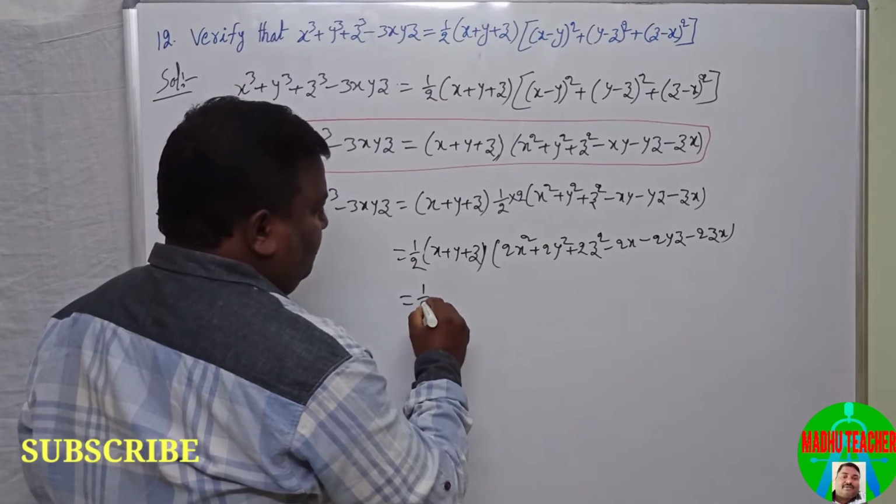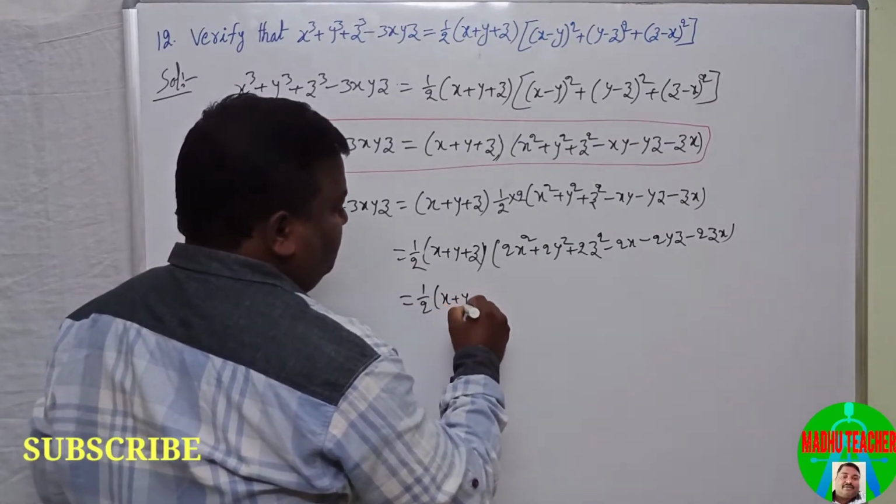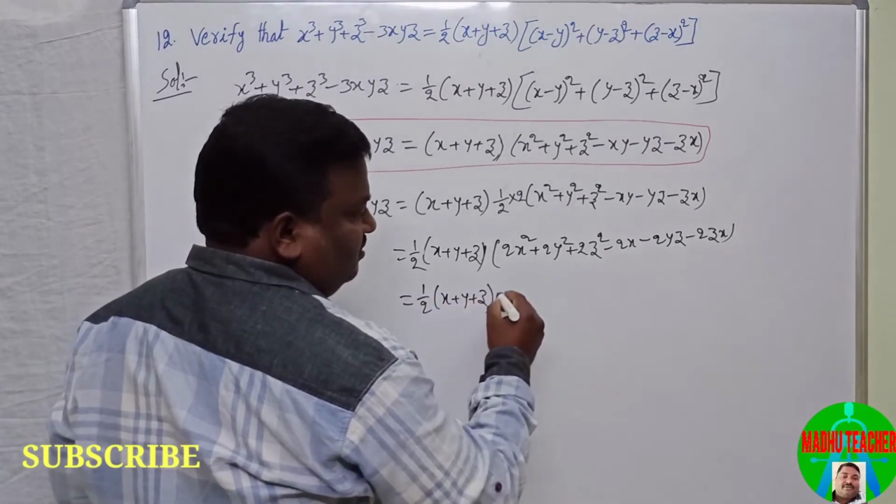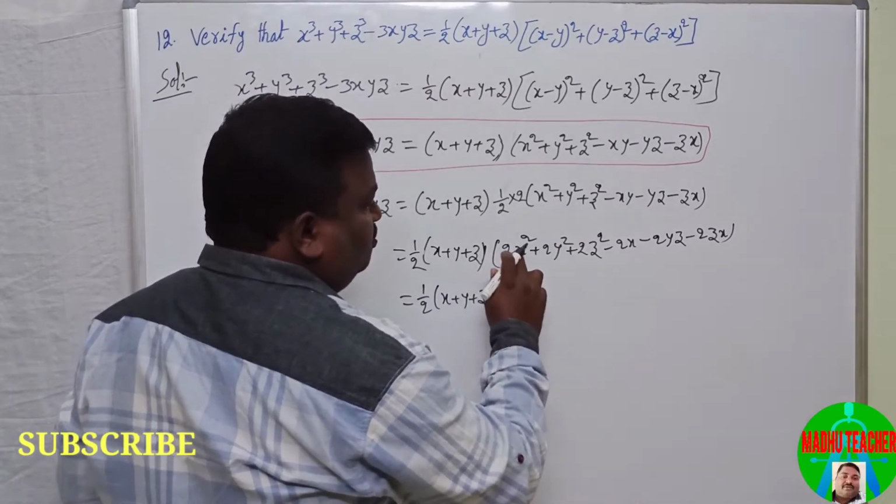So that equals 1 by 2 into x plus y plus z into 2x square.